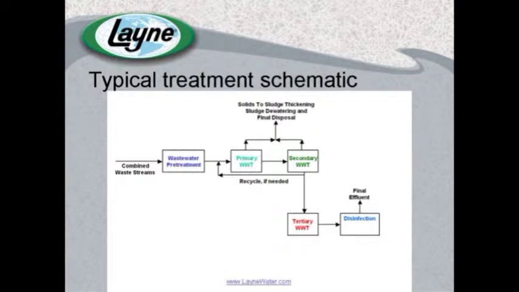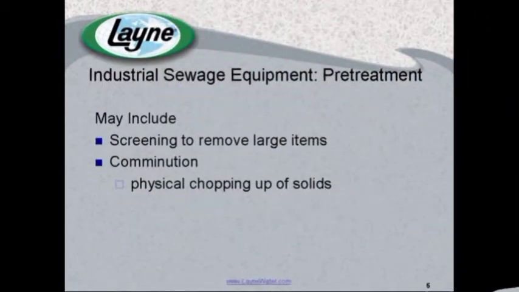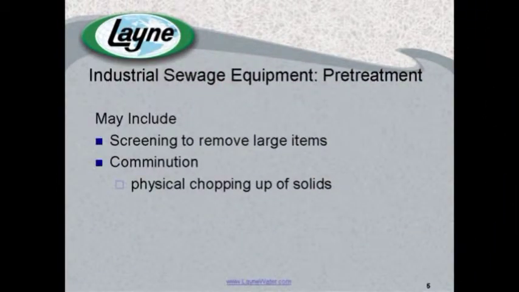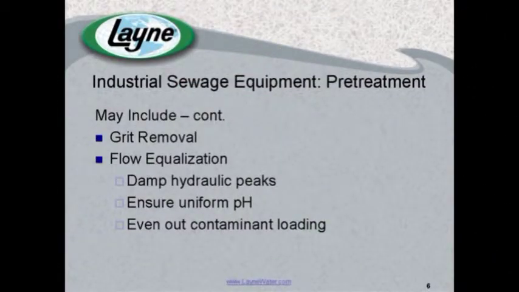And the real key here is that we're screening to remove large items. We're adding our comminution step, where you'll have things such as grinder pumps. And the whole idea is to take large chunks, grind them up, and create a particle size that is amenable to the primary waste treatment step.